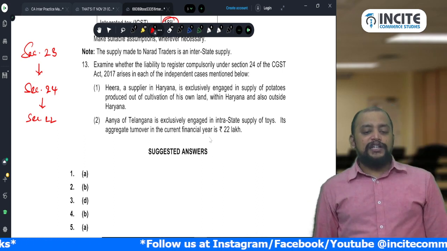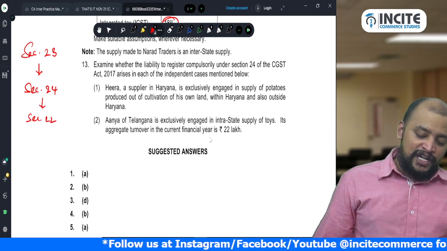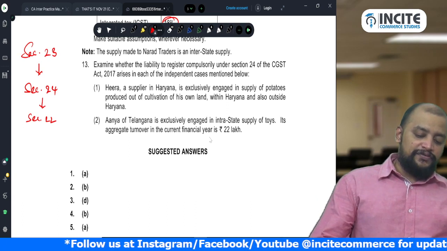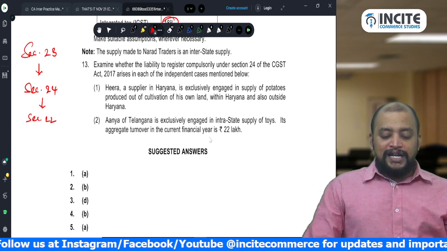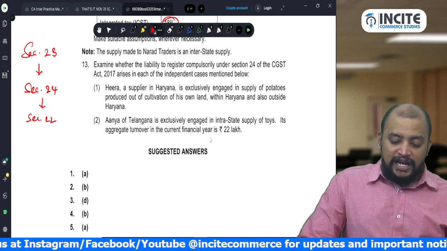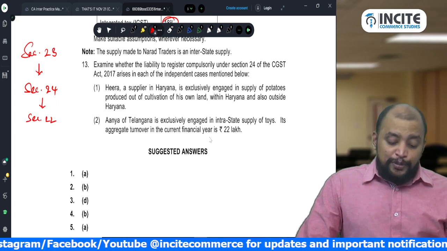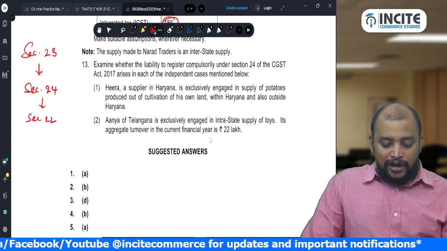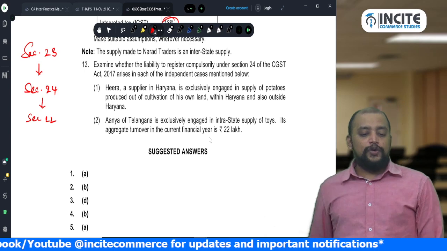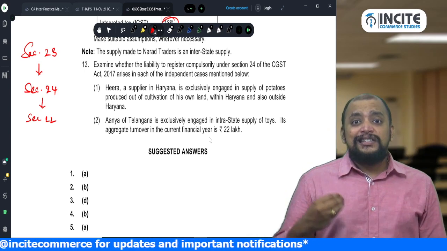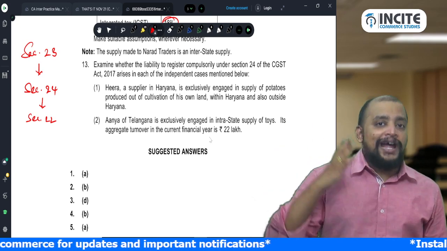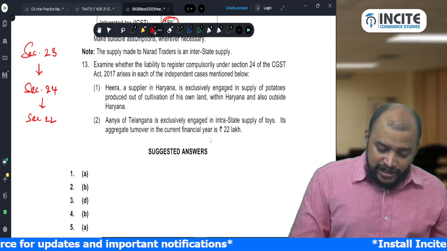Examine whether the liability to register compulsorily under section 24 of the CGST Act arises in each of the independent cases mentioned below. Hira, a supplier in Haryana, is exclusively engaged in supply of potatoes produced out of cultivation of his own land within Haryana and also outside India. An agriculturist engaged in sale of produce out of cultivation of land is exempted from registration.